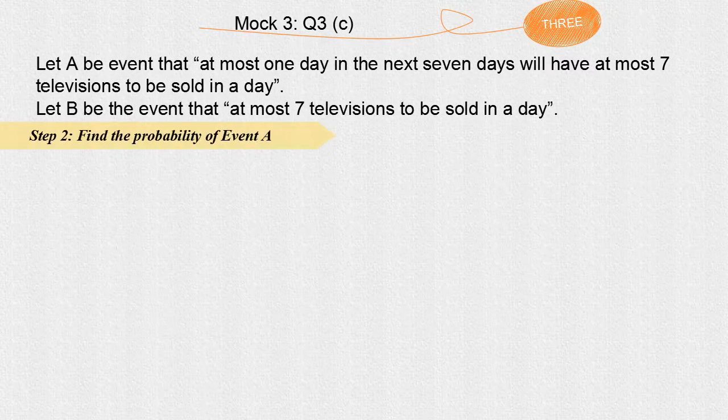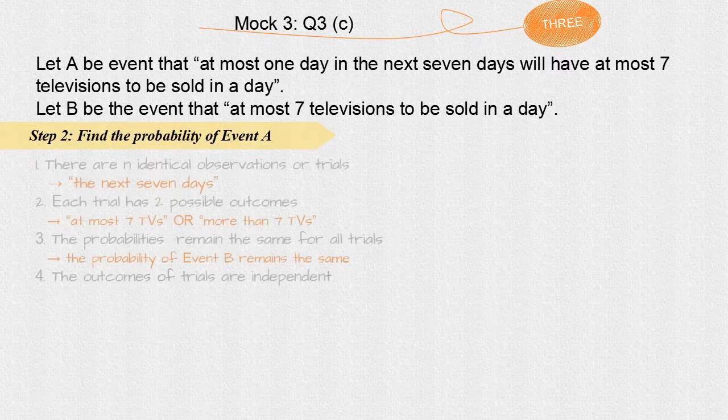Find the probability of event A. After analysis, we know that this variable actually satisfies the 4 properties of a binomial distribution. That is, one, there are n identical observations or trials. Two, each trial has 2 possible outcomes.